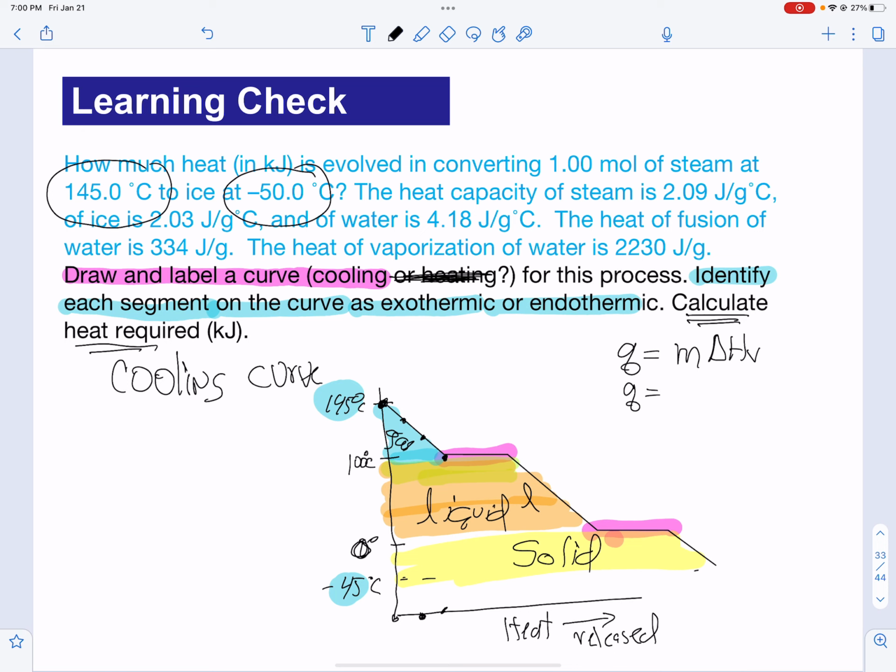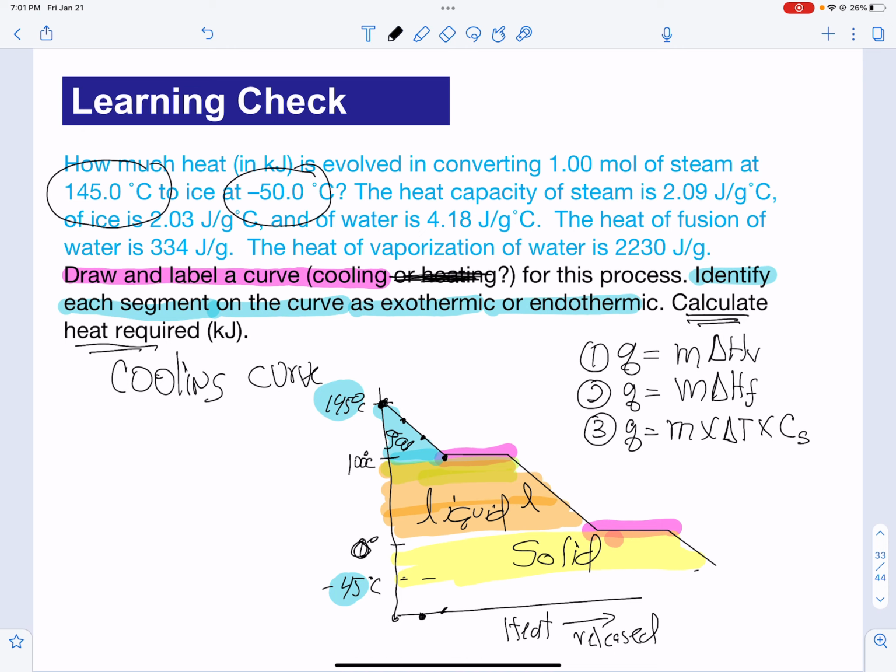You can find Q by doing the mass or the moles times the heat of fusion. And you can find Q by doing the mass times the change in temperature times the specific heat capacity. Let's call this formula number 1, formula number 2, and formula number 3.